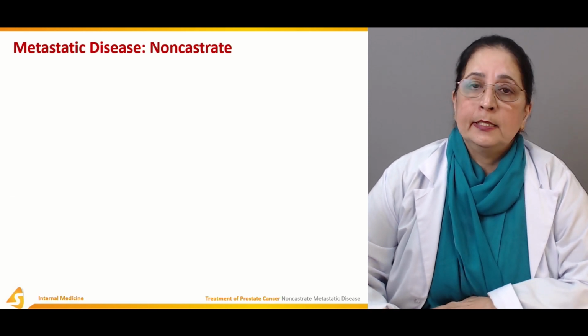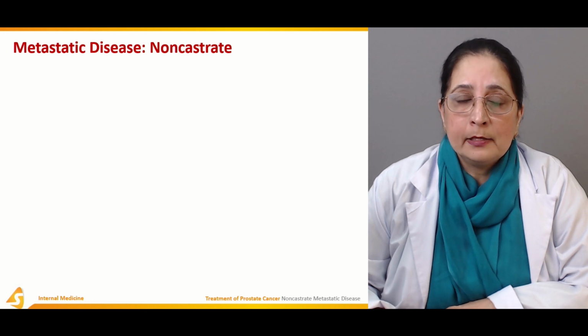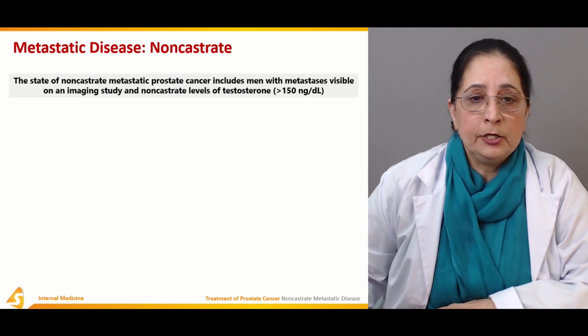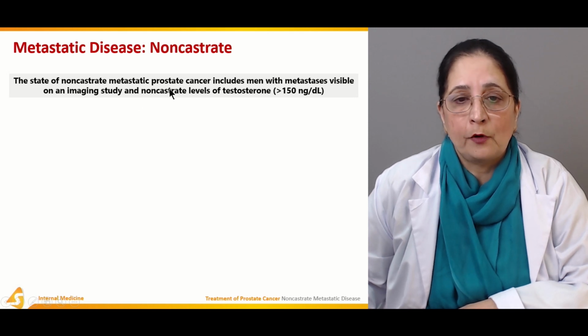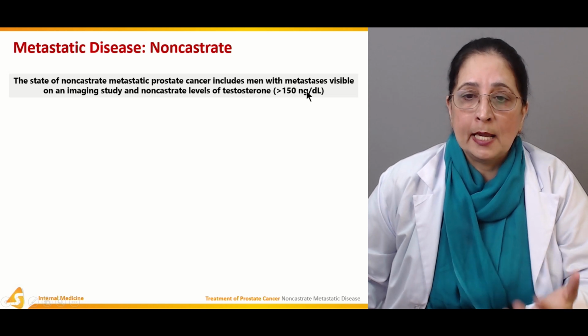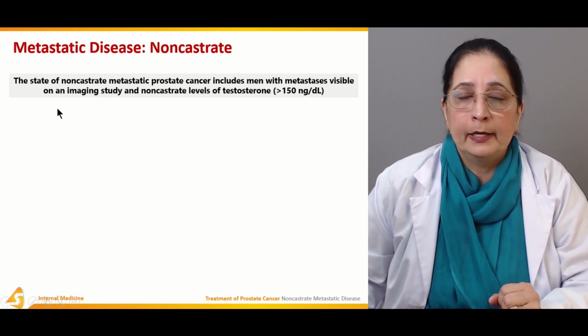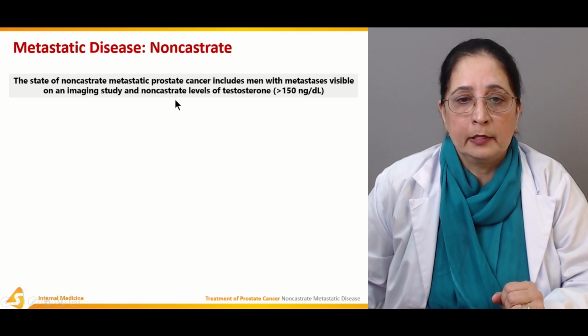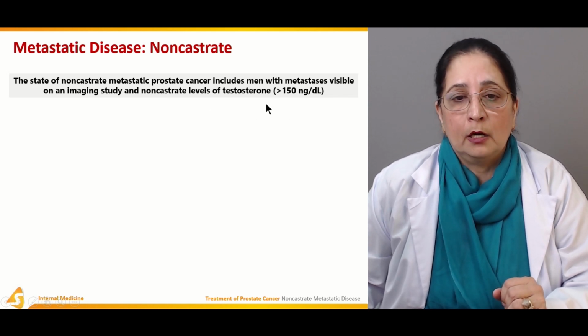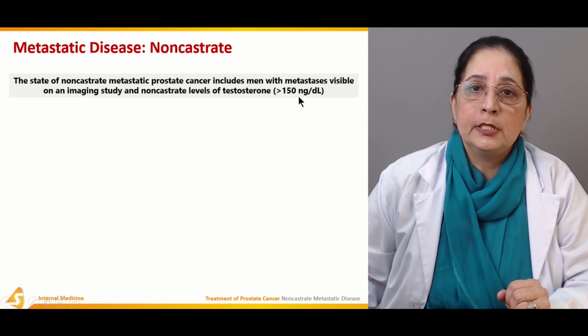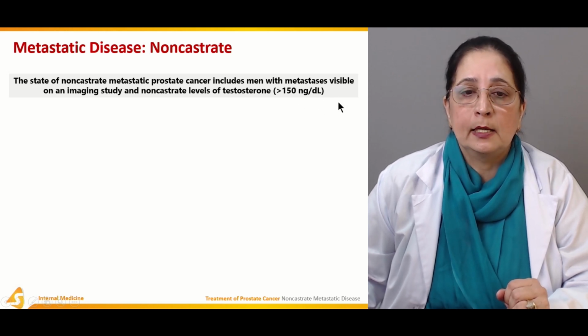So the metastatic disease, which is non-castrate, is the state of non-castrate metastatic prostate cancer. It includes men with metastasis visible on imaging study and a non-castrate level of testosterone, which is more than 150 nanogram per deciliter.